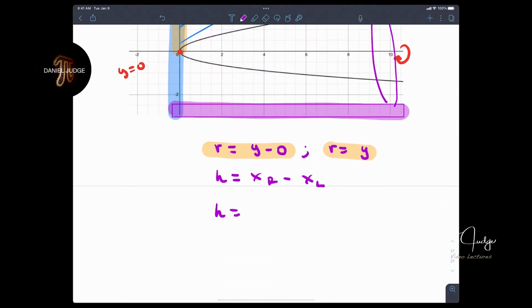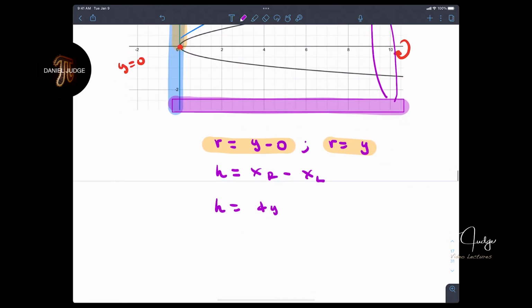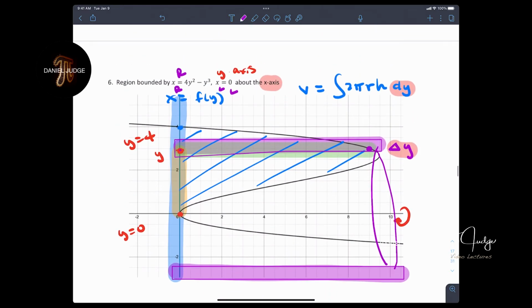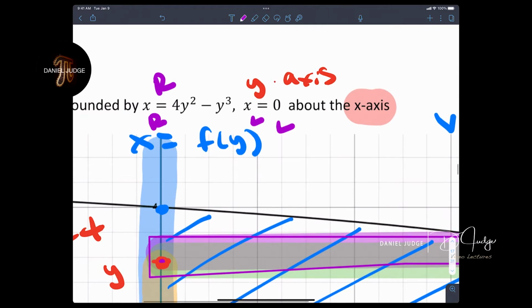Height is 4y squared minus y cubed minus 0 here. So we can kind of see this right curve, left curve.